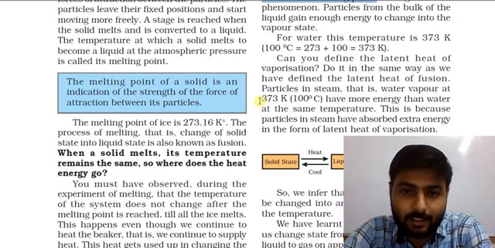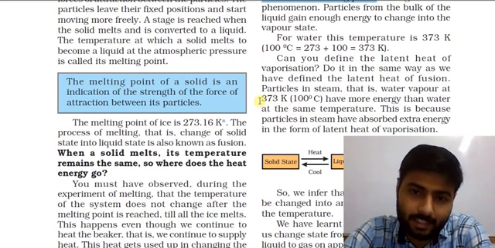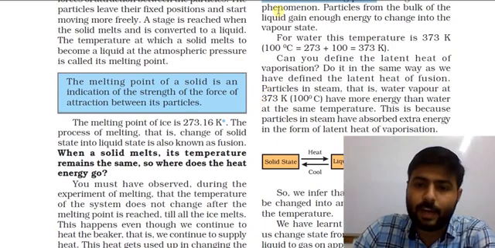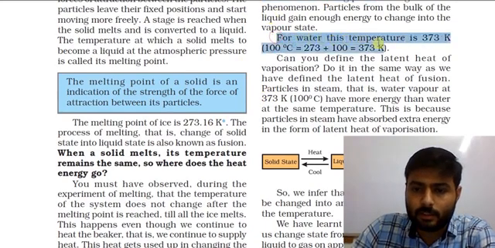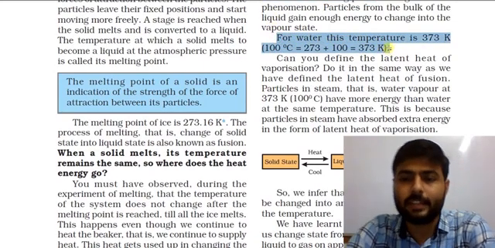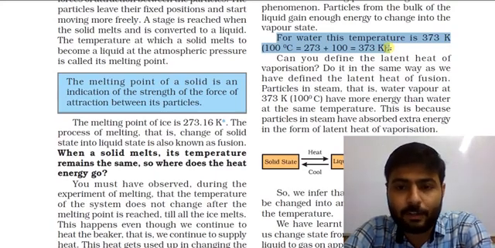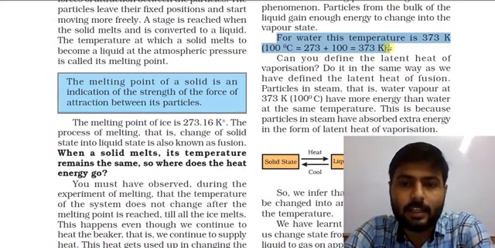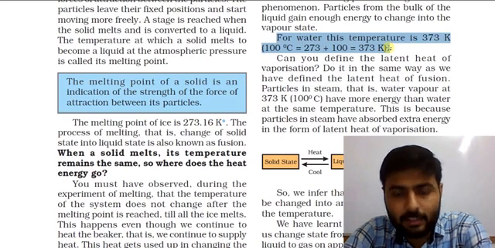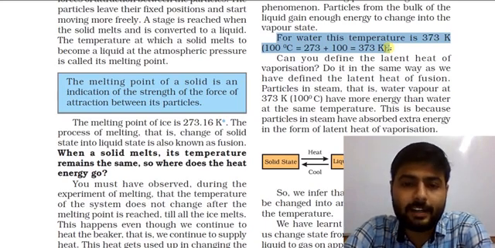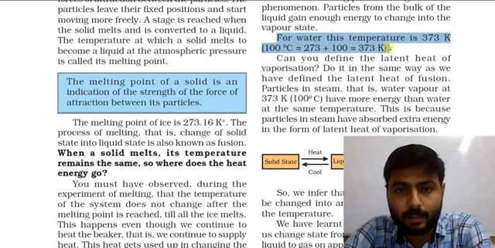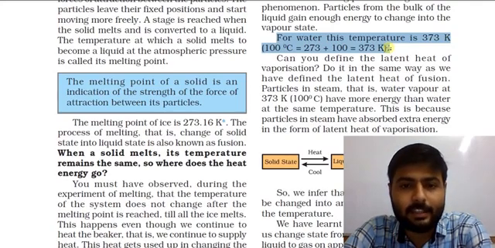So 373 minus 273 is 100 degree centigrade. So we have to remember this point: the boiling point of water is 373 Kelvin or 100 degree centigrade.